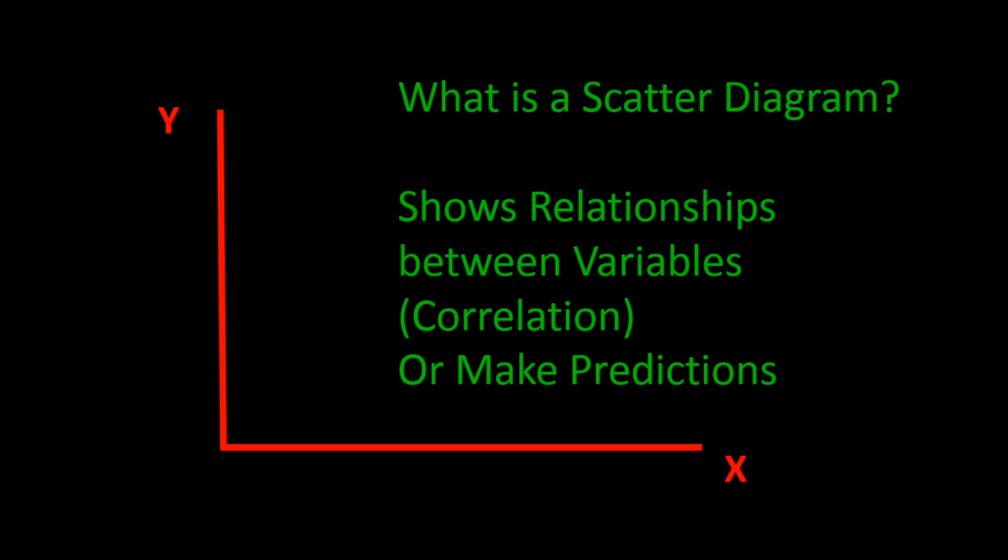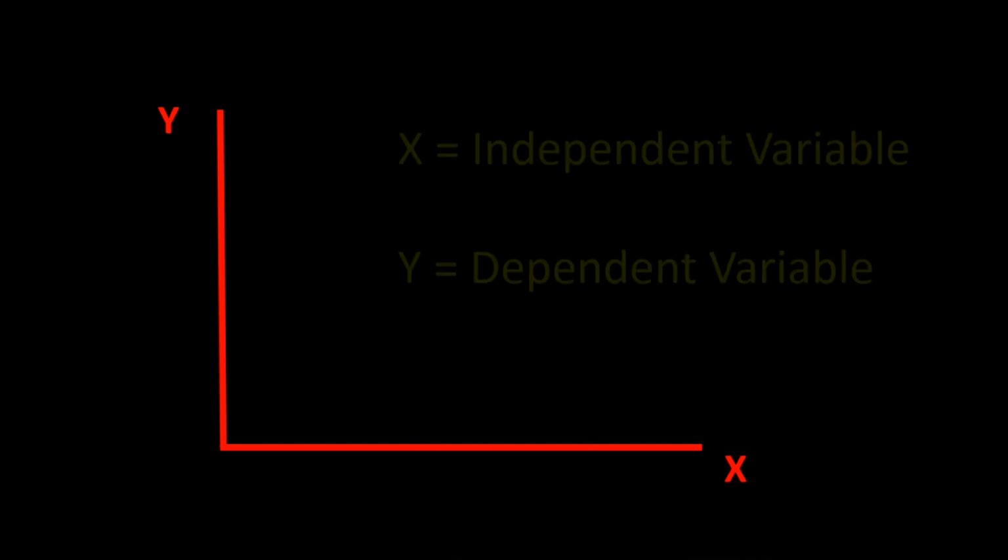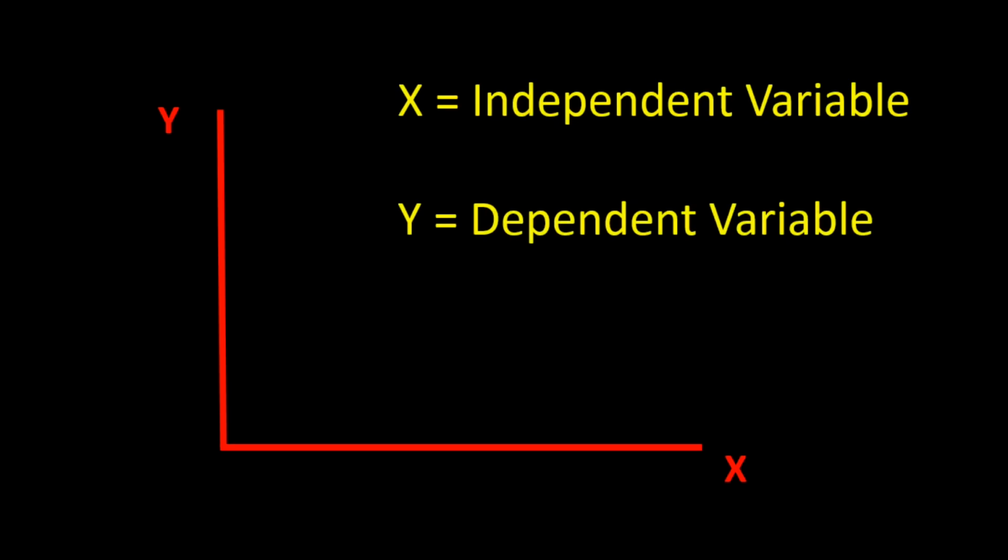We begin by drawing a horizontal axis and labeling it x, and a vertical axis and labeling it y. On the x-axis, we will plot our independent variable, and on the y-axis, we will plot our dependent variable. For our example, number of hours studied is the independent variable, and grade on exam will be our dependent variable.